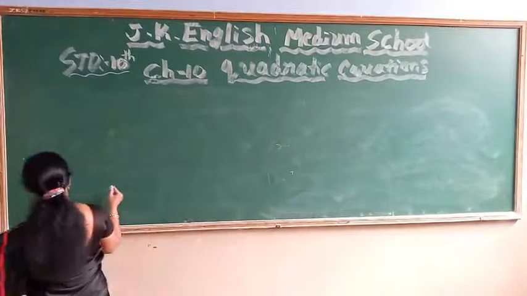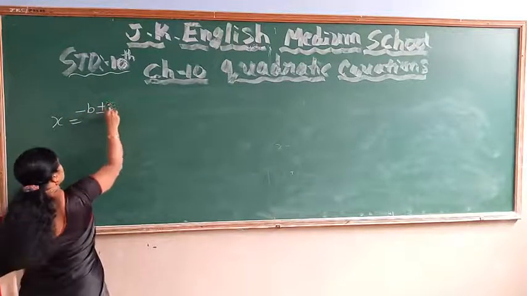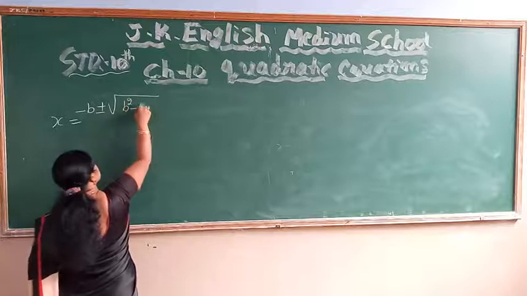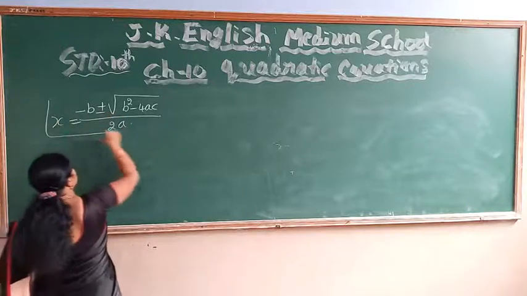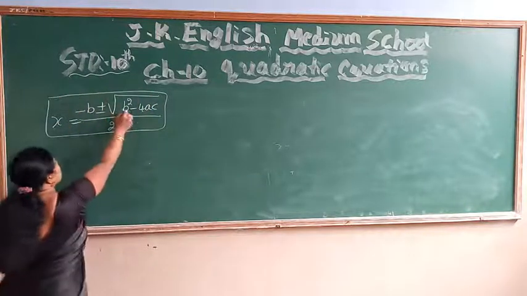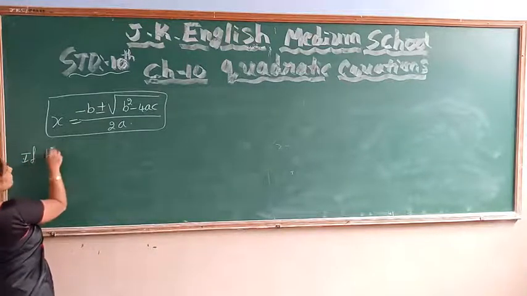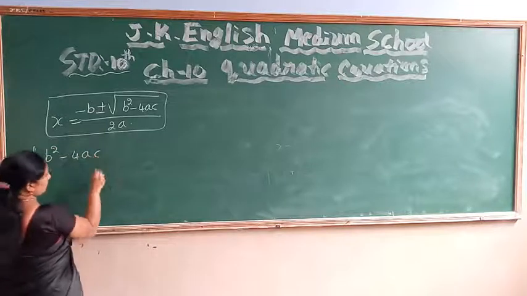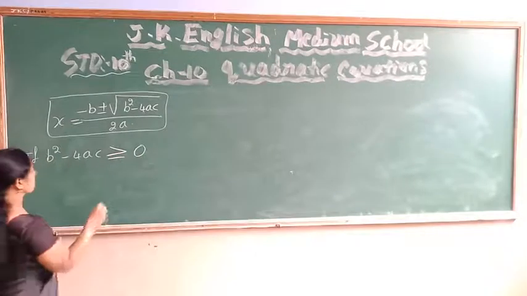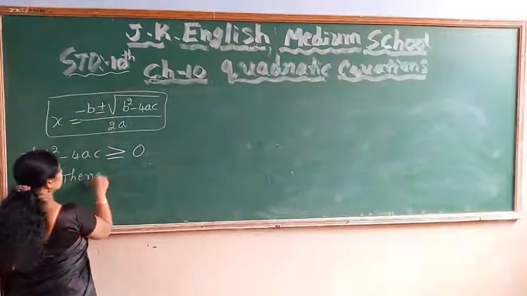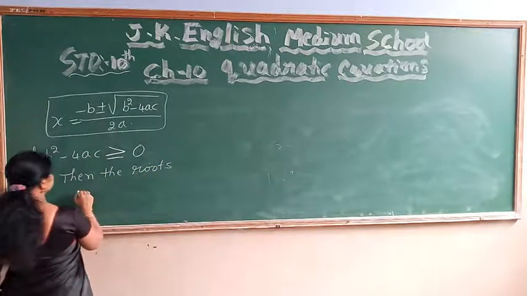Therefore, when we derive the formula, x is equal to minus b plus or minus root of b square minus 4ac divided by 2a. This is the formula. So if b square minus 4ac is positive, then the roots are real.